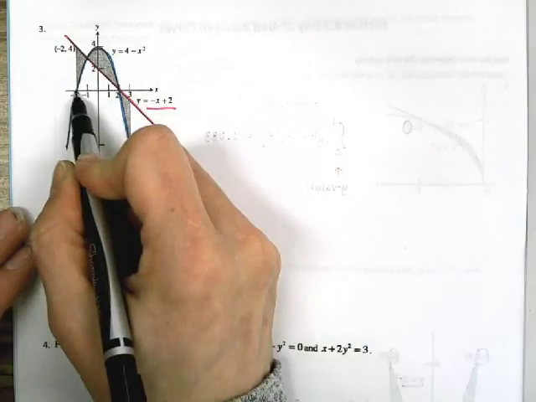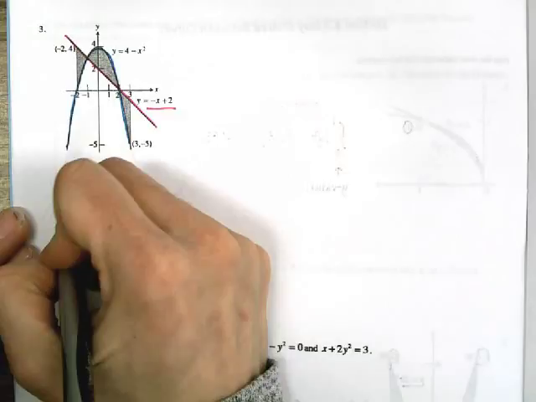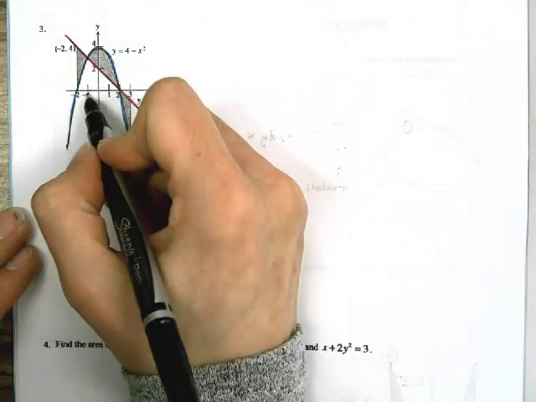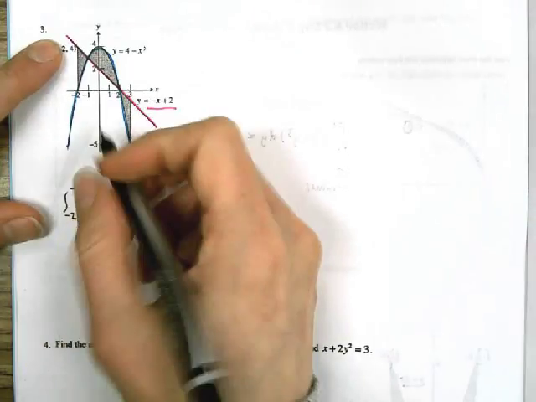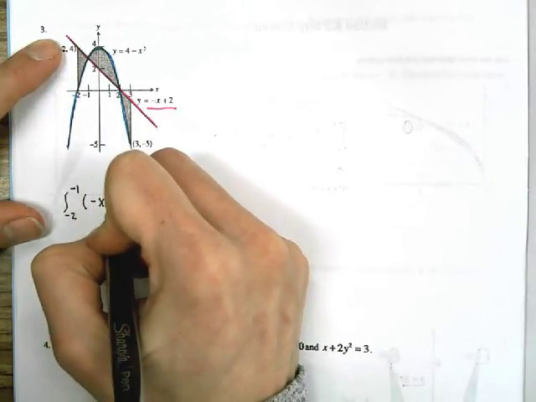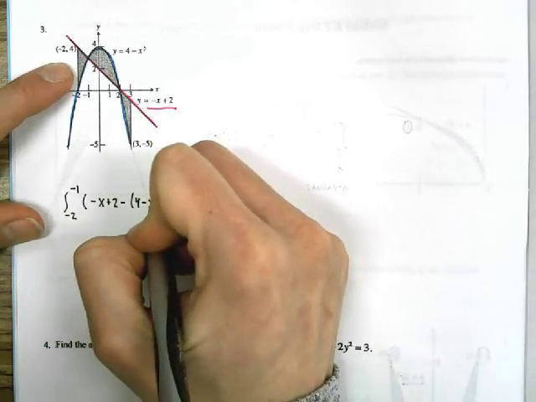My left bound here is negative 2. Again, I'm doing in terms of x, so I'm going to have x values for my limits. So negative 2 to negative 1 here. My top in this case is the pink, so negative x plus 2 minus the blue, which is 4 minus x squared.